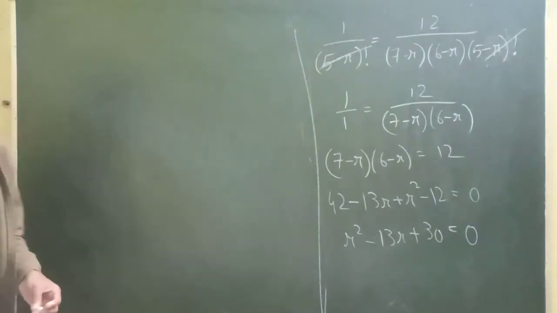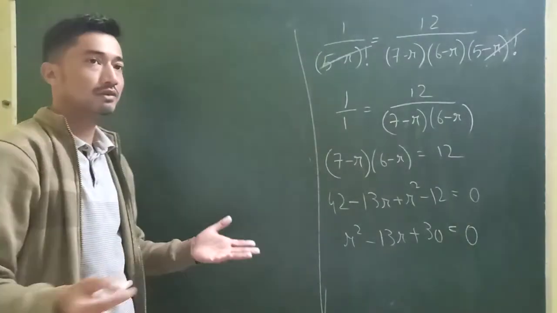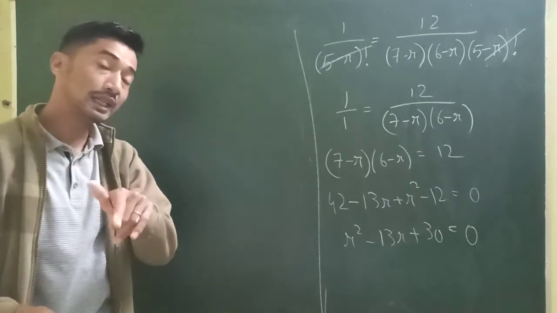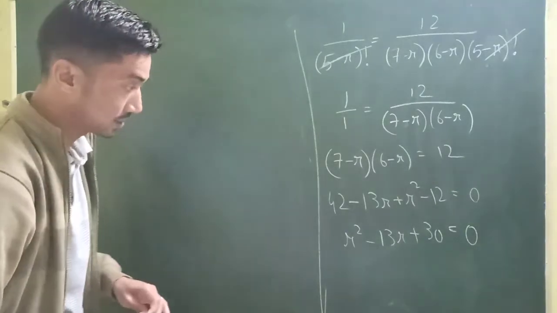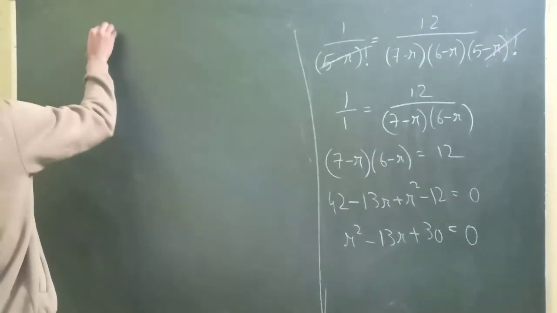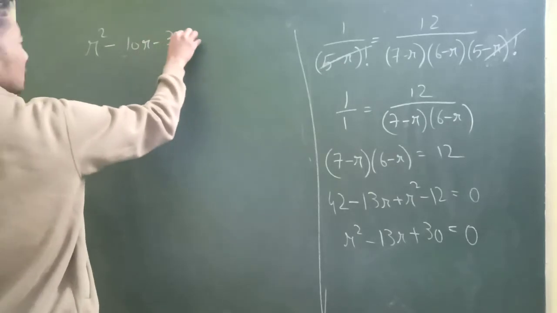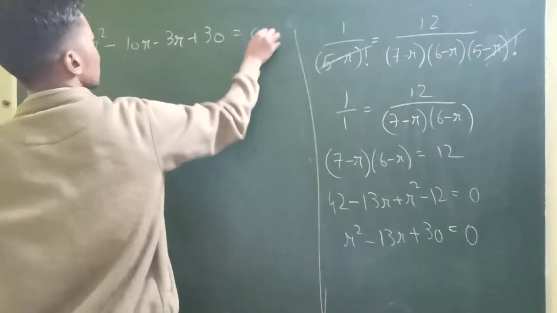For those having any problems with splitting the middle term, there is a video which I have prepared for factorization. You can check out the link which I will provide below, and revise. r square minus 10r minus 3r plus 30 equal to 0.